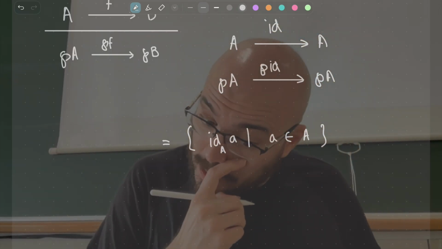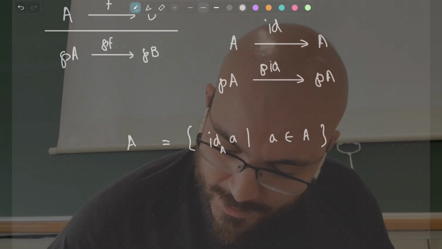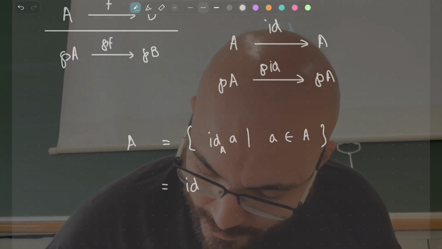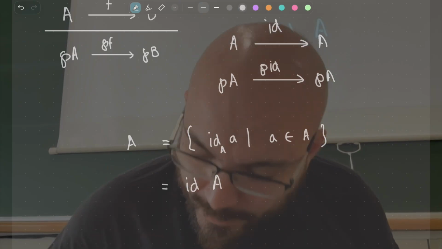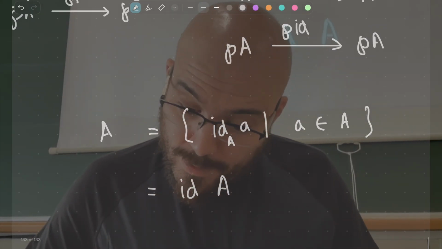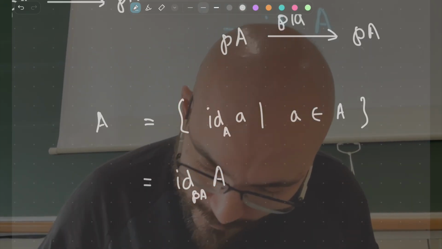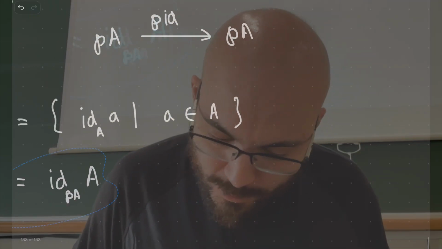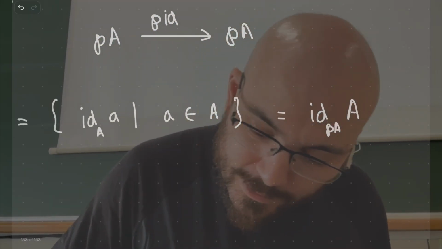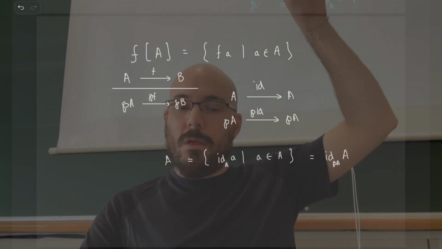So this is all the little a's, which is just A, which means that this is equal to the identity I had on A. Does that make sense? And this identity should be subscripted by the power set of A. Okay, thank you, Manolis. So I just verified the identity. Similarly, I leave it for you to verify the composition.